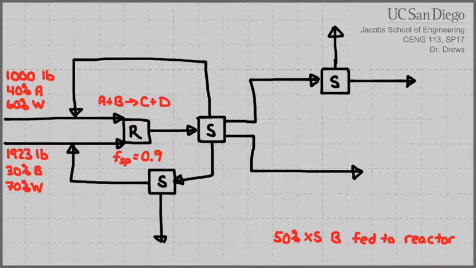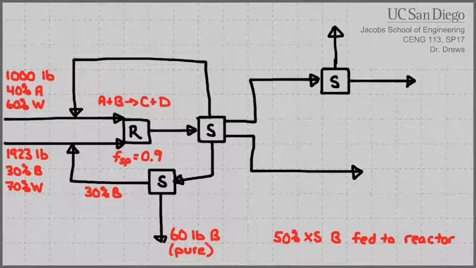This recycle stream coming around contains 30% B. The stream coming out of the separator nearby contains 60 pounds of B. This is also pure, in case that wasn't clear from the process spec or from the problem statement. By the way, all this information I'm giving you is the problem statement. I'm not making anything up or doing any analyses up here.